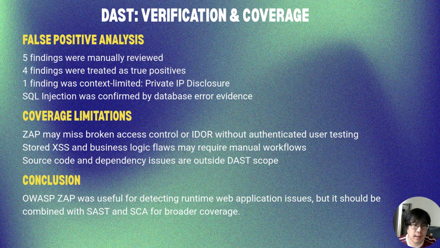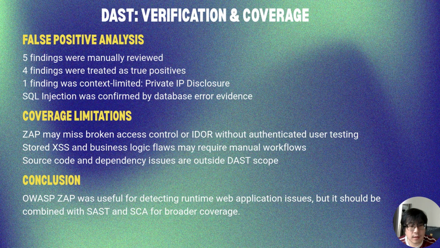ZAP also had some limitations. It may miss access control or IDOR issues if login roles are not tested. It may also miss stored XSS and business logic problems because these often need manual steps.